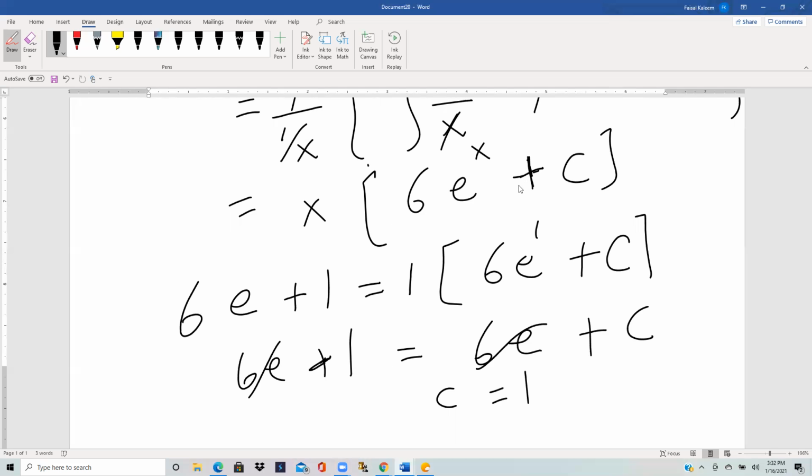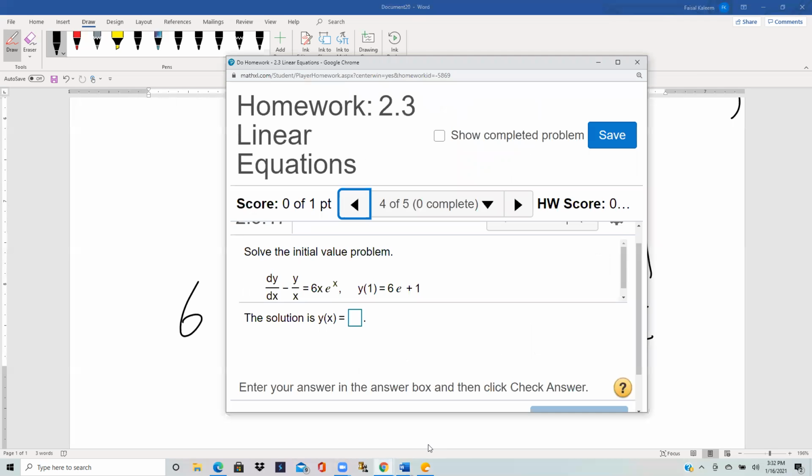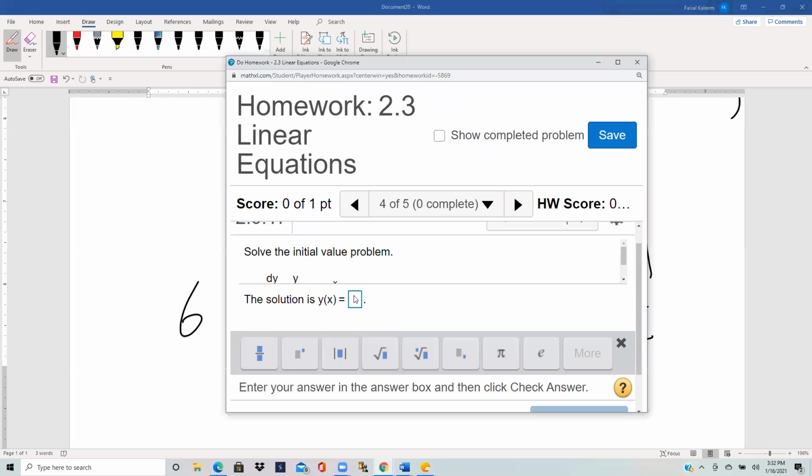Or you can even write it in this form, x times 6e^x plus 1. Let's try another one.